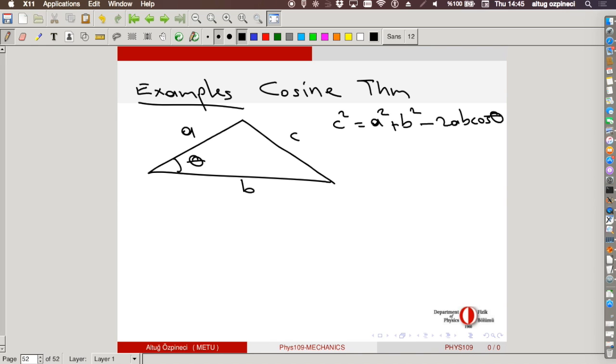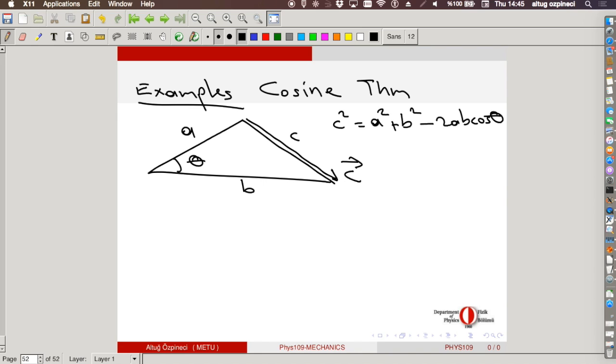Now what we are interested in is the side of this length, so let's write it as a vector. This is our C vector.